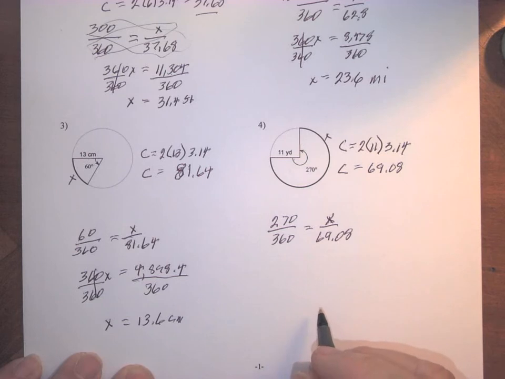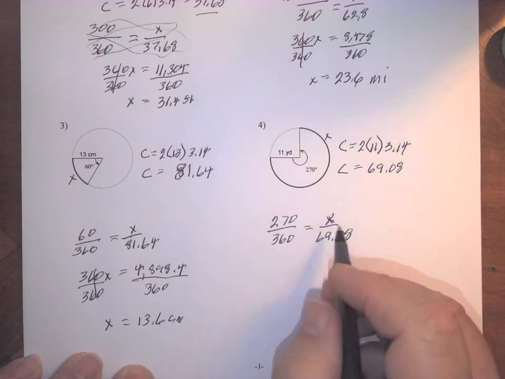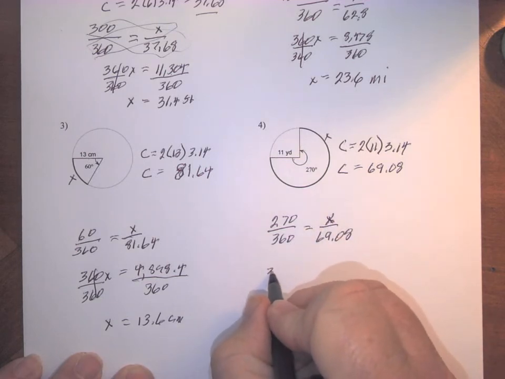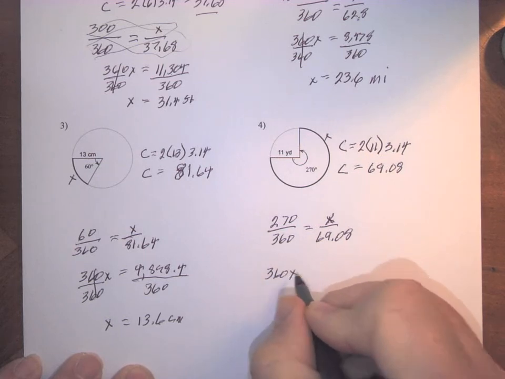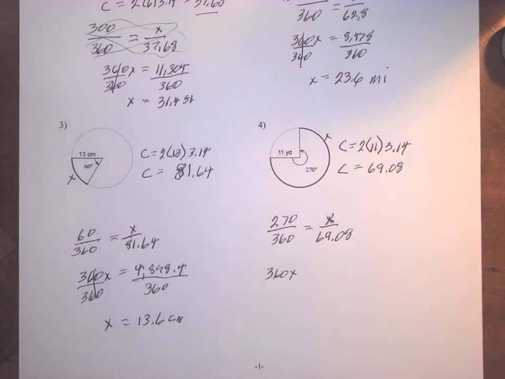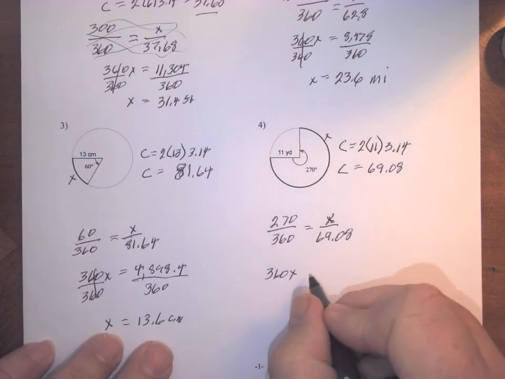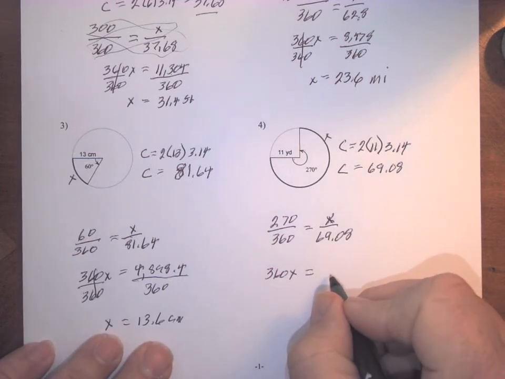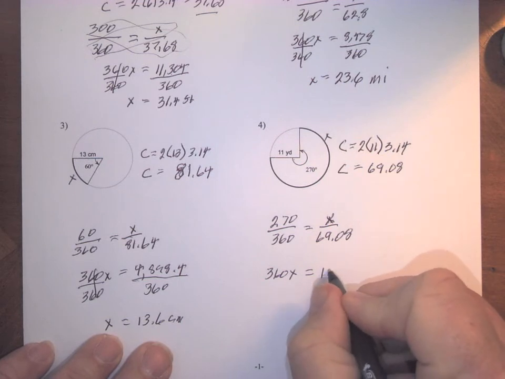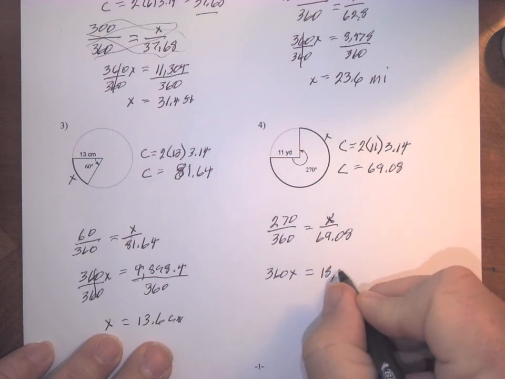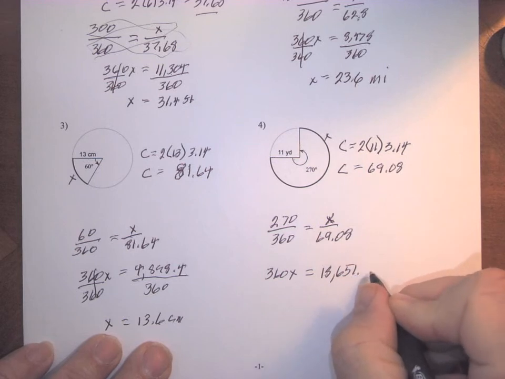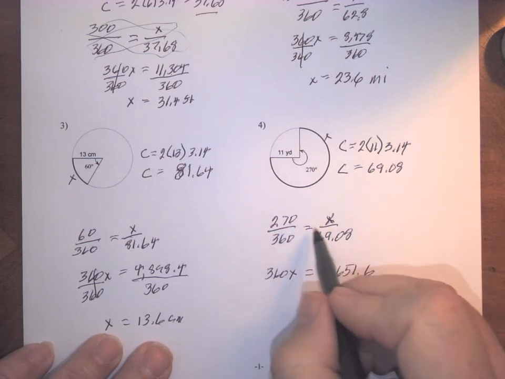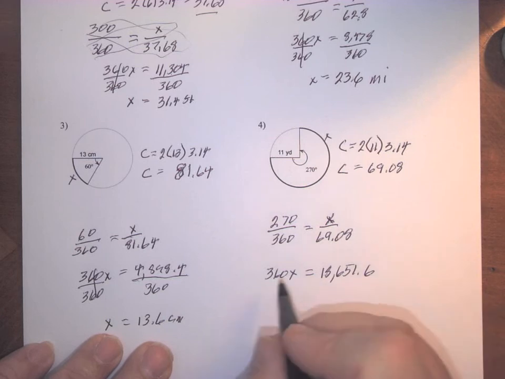So we do our multiplication here. 360 times x gives us 360x, and 69.08 times 270 gives us a big number of 18,651.6, and that's the 270 times the 69.08.